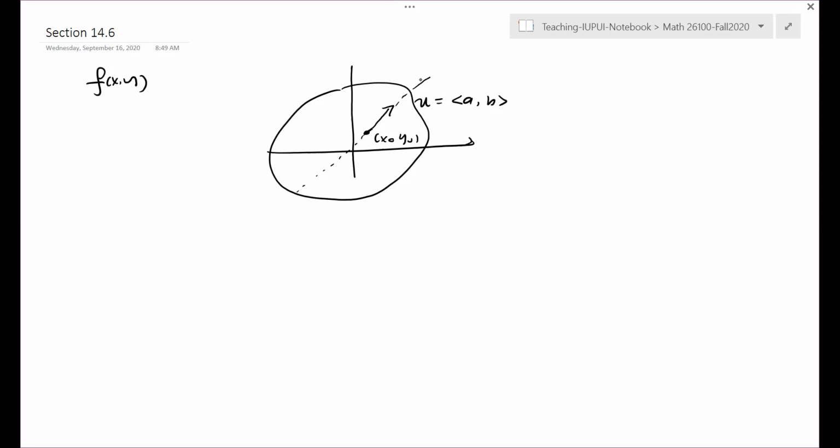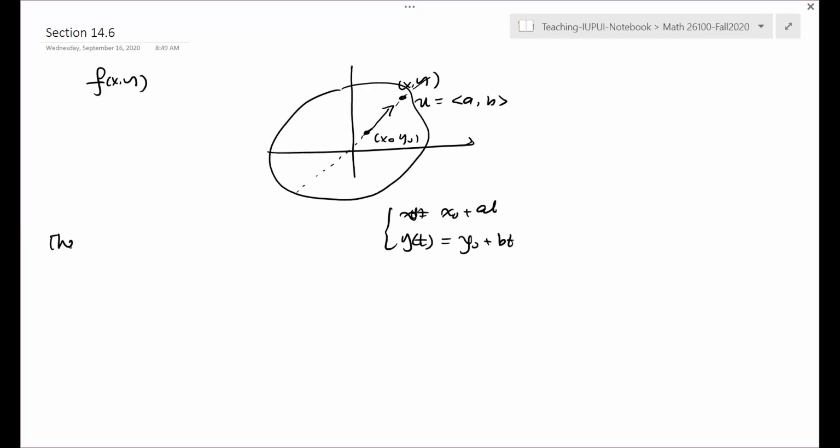Right, so this is the value. At every point here, an arbitrary point x and y, right? We know that x is going to be x naught plus at, y is going to be y naught plus bt, okay?